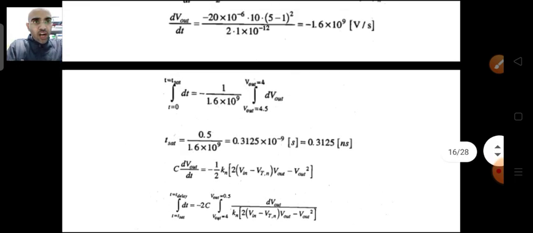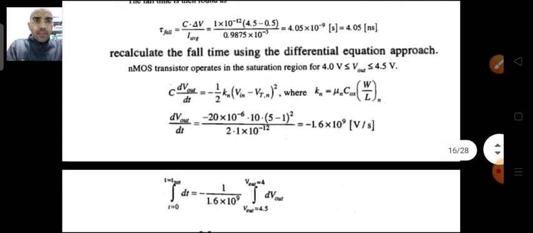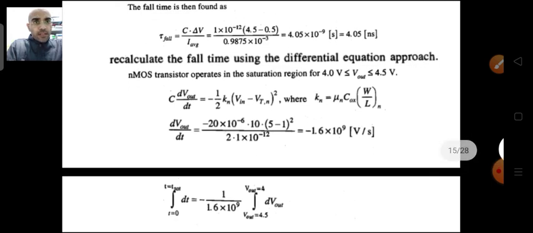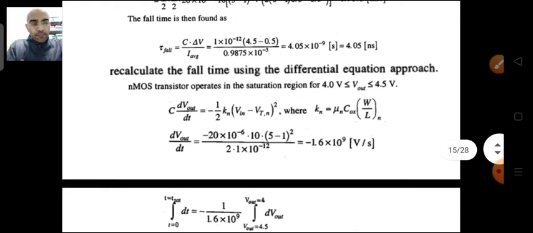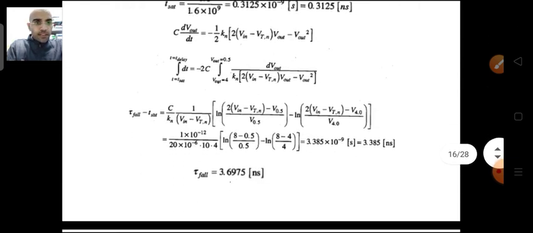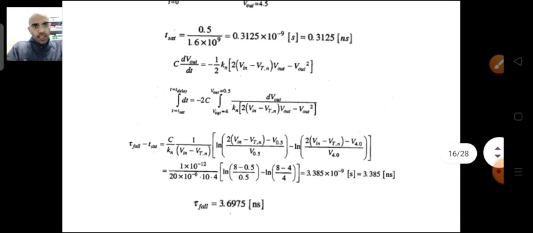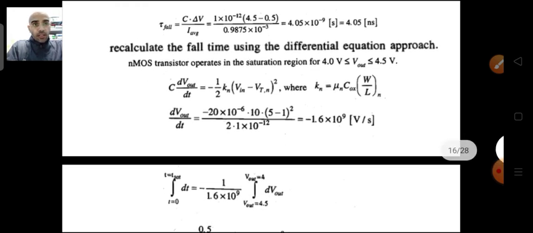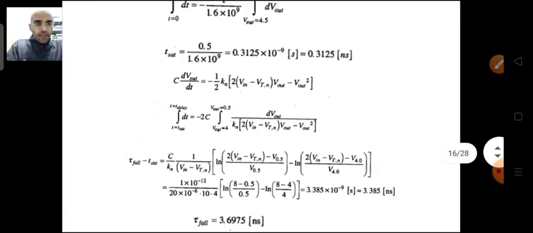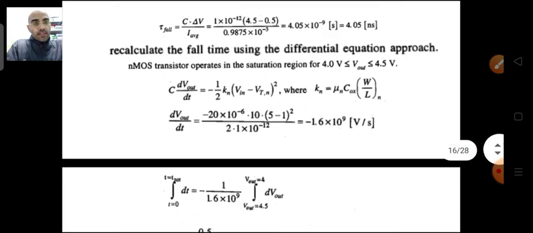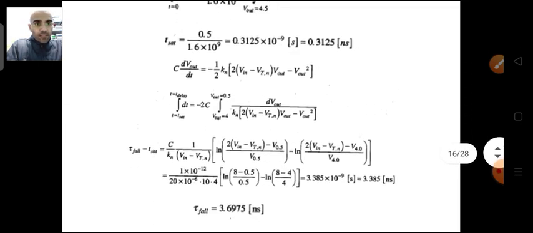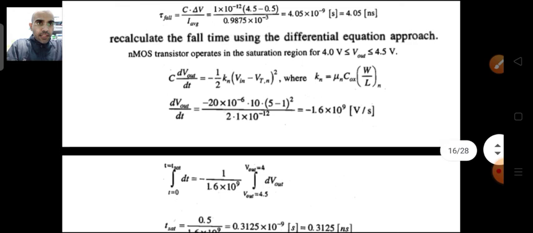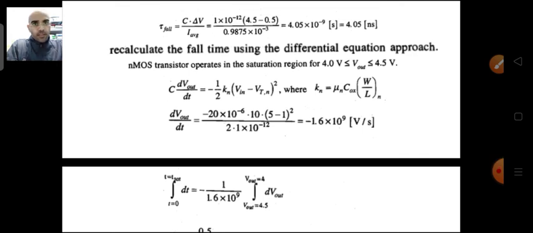But if you want to see how much difference there is between the two values, this is 4.05 nanoseconds fall time from the first method, and from the second method it is 3.6975 nanoseconds. So if I see by how much the first method is off, taking 3.6975 as exact, you can find that it is approximately 10% higher.